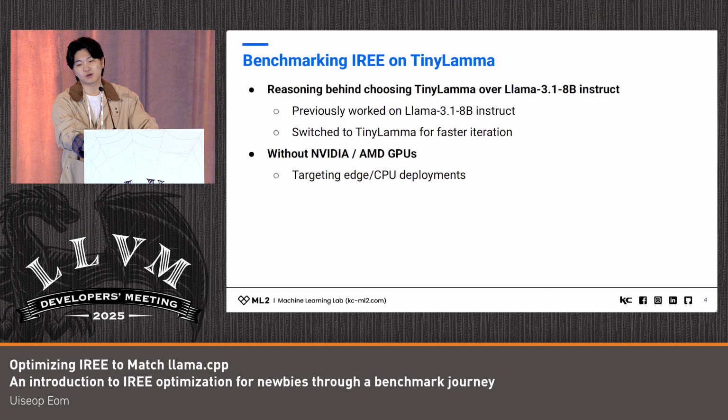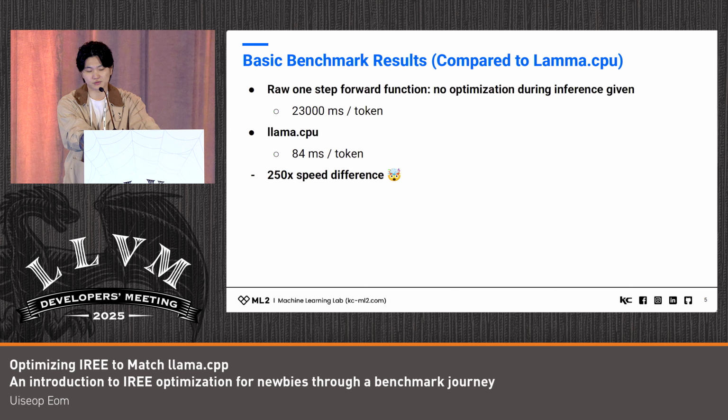So if anyone is trying to benchmark large language models on edge devices, always use Tiny Llama instead of Llama 3.1, since it's better for fast iteration.